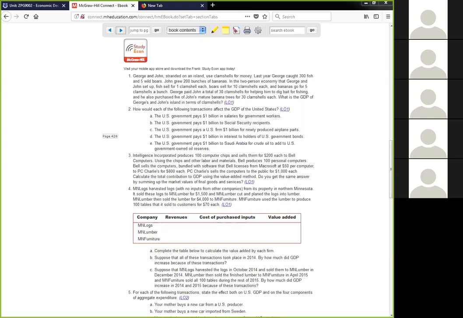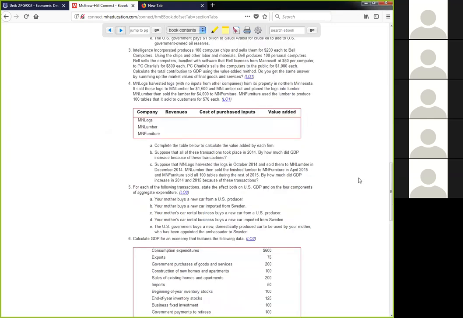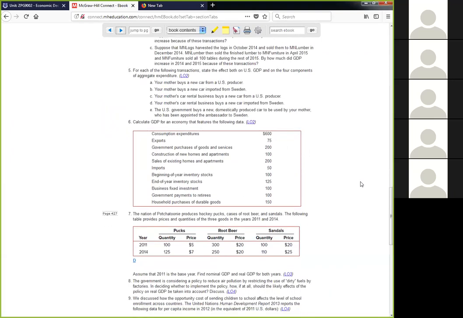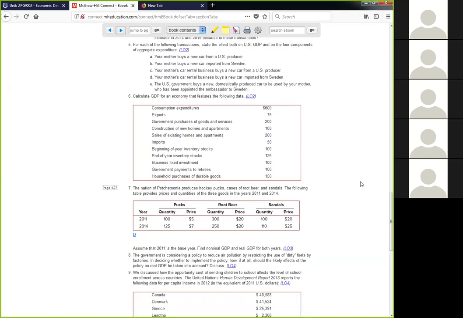Then number 6, to calculate the GDP, again, exactly the same. To calculate the GDP, you only add those values that are spent on final goods and services. I'm not going through the whole list, just to tell you. Right. For instance, there are imports. Imports you have to subtract. Right.